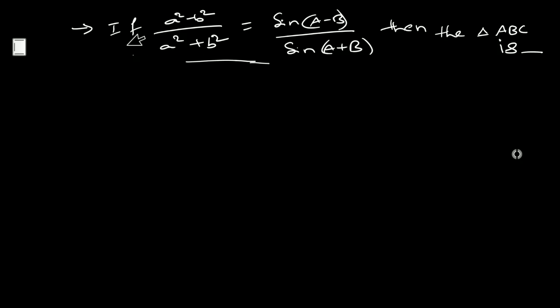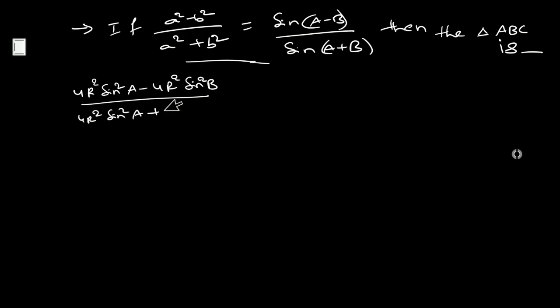Consider the given one. In place of a, according to sine rule, we can write 2r sine A. That means (4r square sine square A minus 4r square sine square B) divided by (4r square sine square A plus 4r square sine square B) is equal to sine of (A minus B) divided by sine of (A plus B).